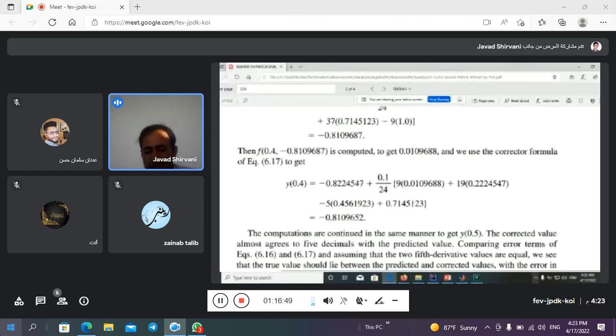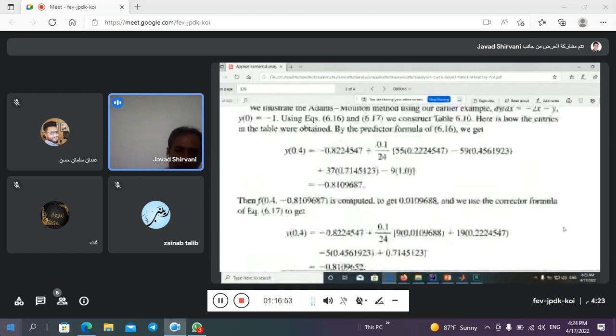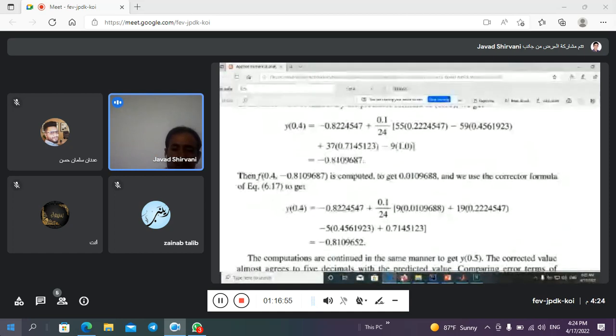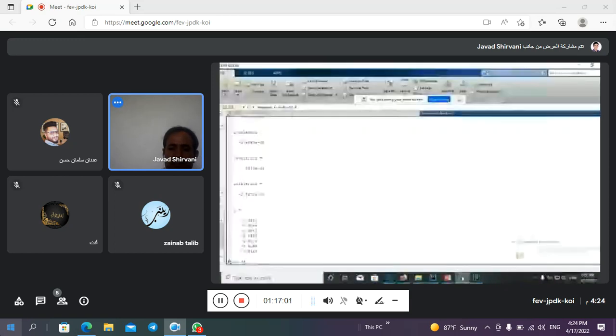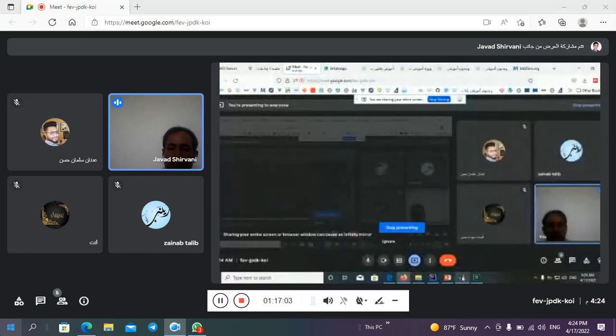If you have any question regarding these two formulas, you can ask me. Otherwise, I'm going to show you how to code this in MATLAB software.